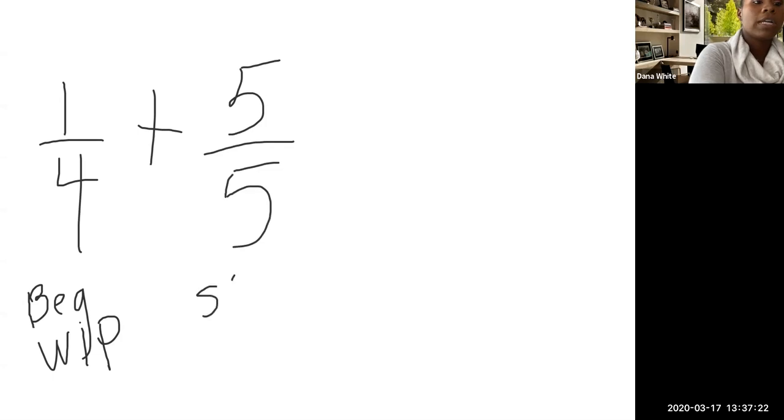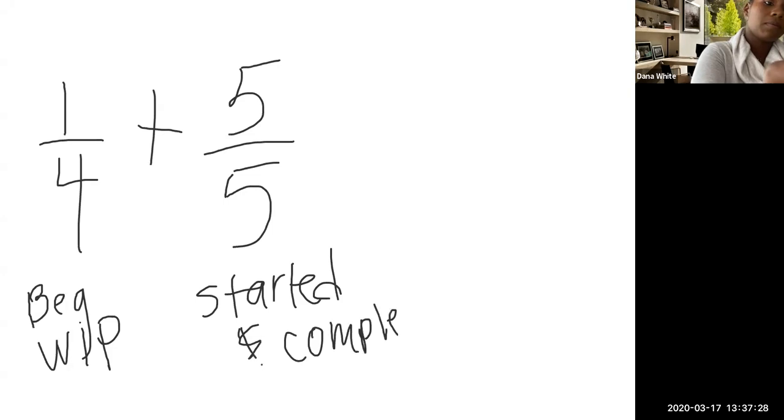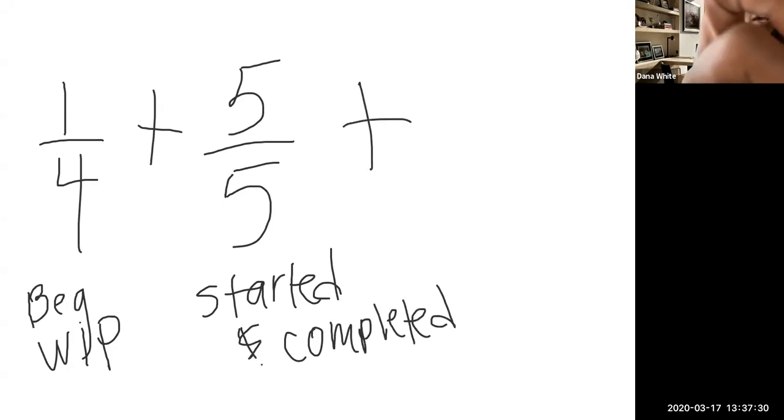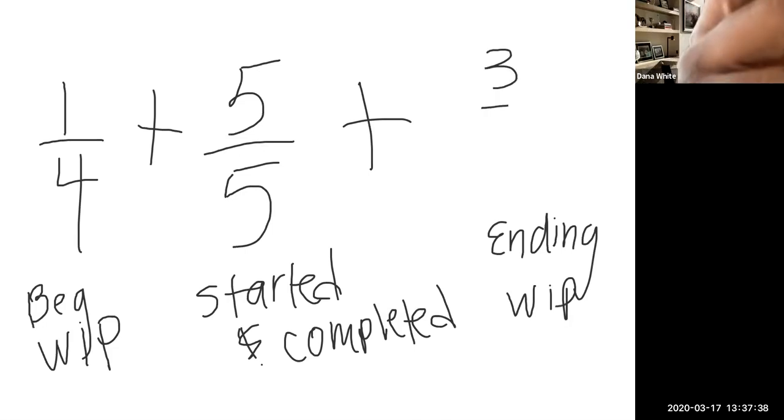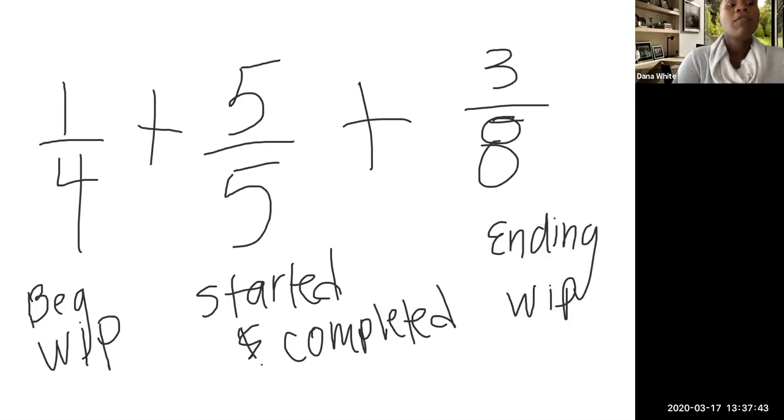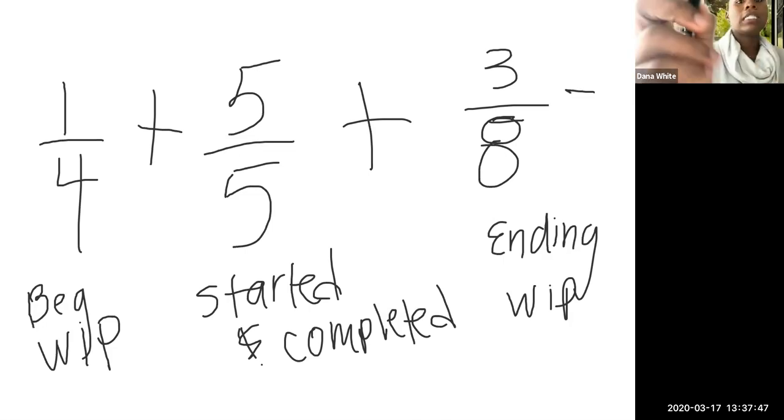So this is started and completed. Plus you have your ending work in process, and maybe this is going to be 3/8. Equivalent units is basically trying to get all of this on the same playing field.